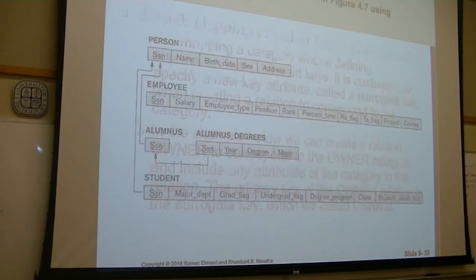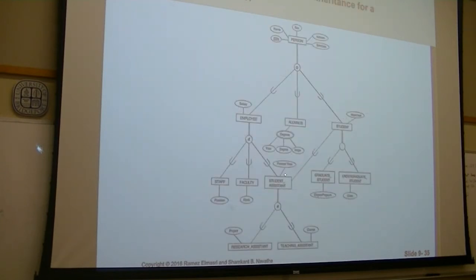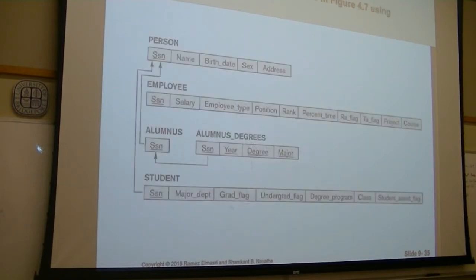Then what about this one? Student and graduate student, undergraduate student. It doesn't specify whether disjoint or overlap, but this is a superclass, subclass, and subclass. So from this is the student. We are going to take a look at the student.